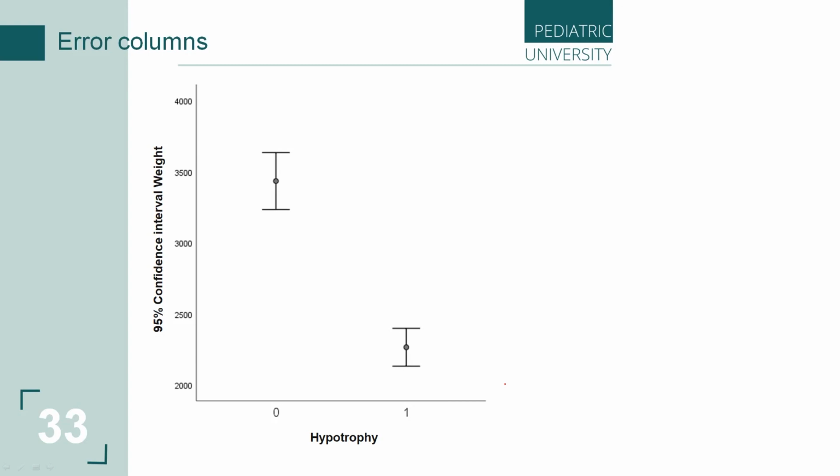You can also see that there are very strong differences between group 0 and the first group, with hypertrophy. In what case to use which graph is the topic of the next lecture. We will talk about it in the next lecture.